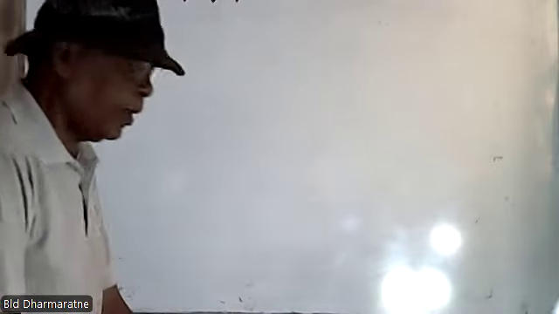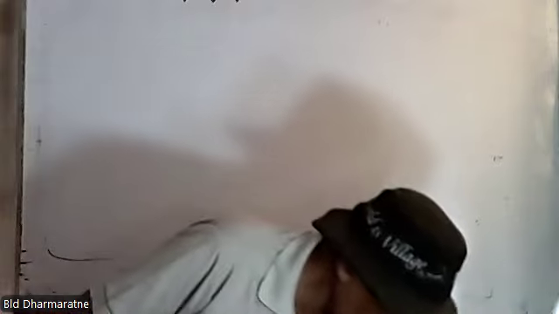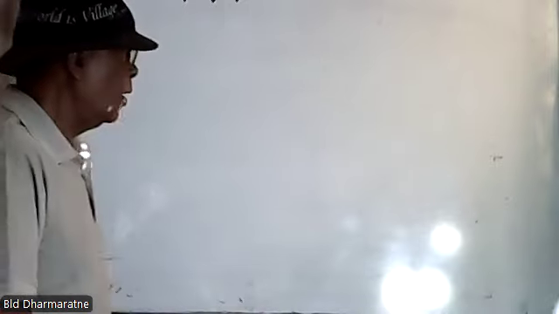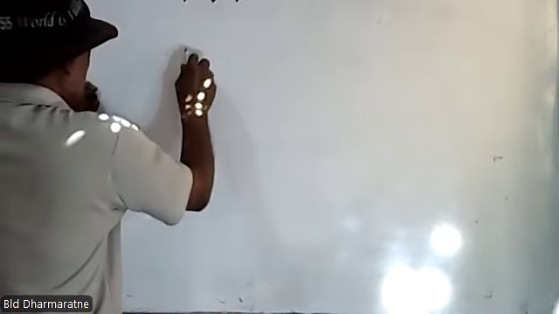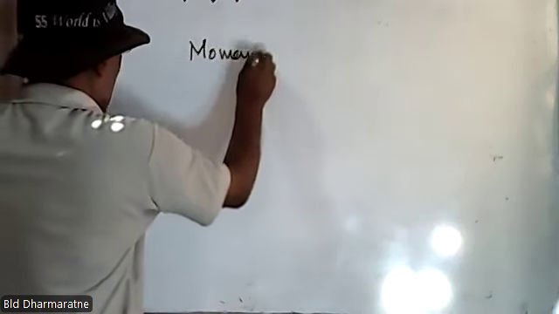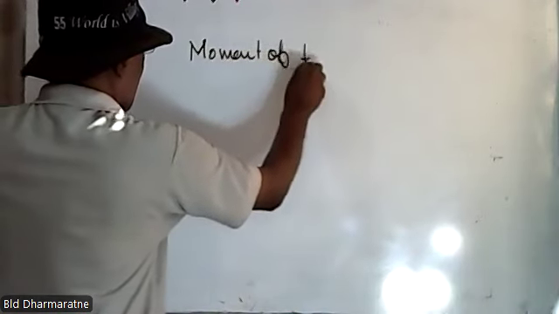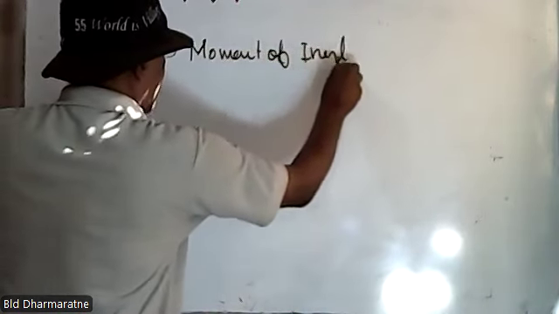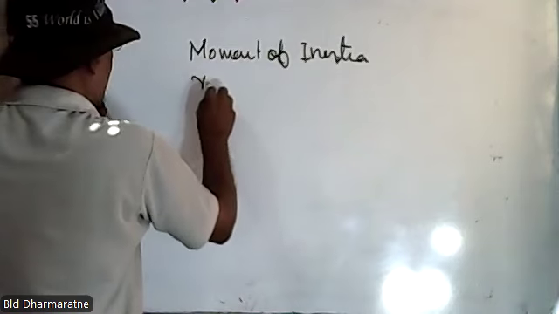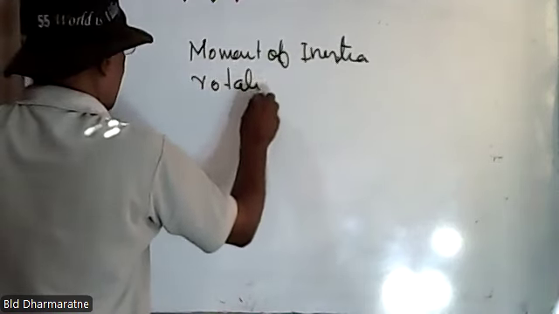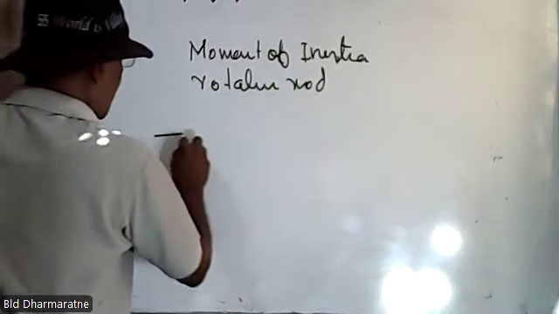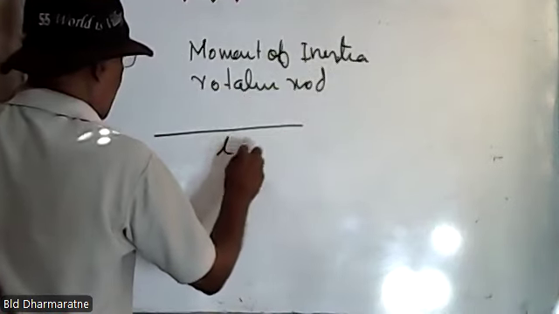First, a small thing about the moment of inertia of a rotating rod. A rod can be rotated in two ways. This is the rod, a uniform rod.